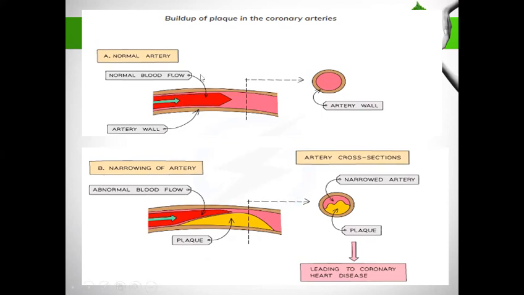See, this is a normal artery, but here you can see there is a plaque. This plaque is formed by cholesterol and calcium, and you can see it narrowing the internal lumen of the artery, due to which there is a resistance in the smooth flow of blood, and that may cause coronary heart disease.